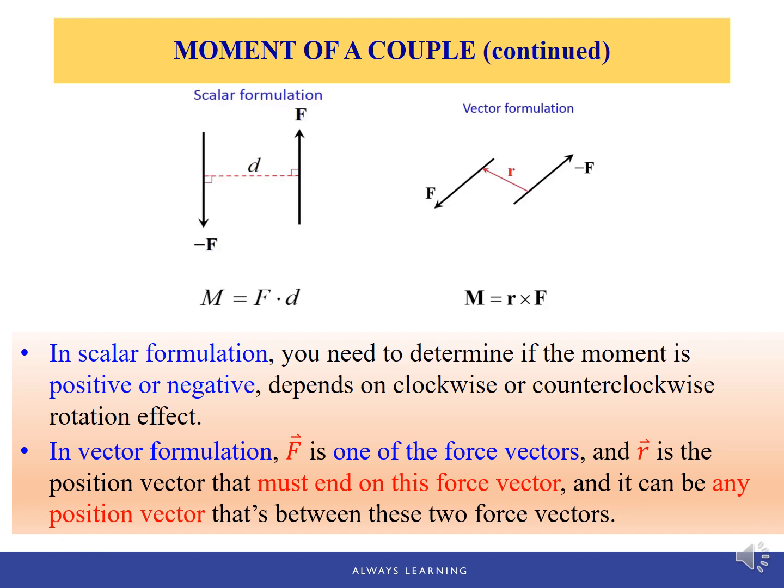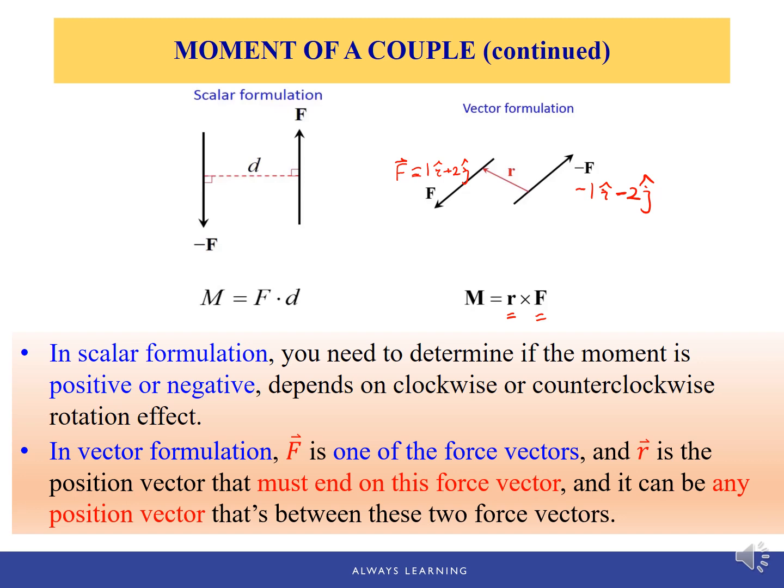So which means we can do one example. For example, if we have force F in vector form, F is 1 i hat plus 2 j hat, and the other force negative F will be negative 1 i hat minus 2 j hat. To find the moment of this couple, we can find one position vector and cross one force vector.